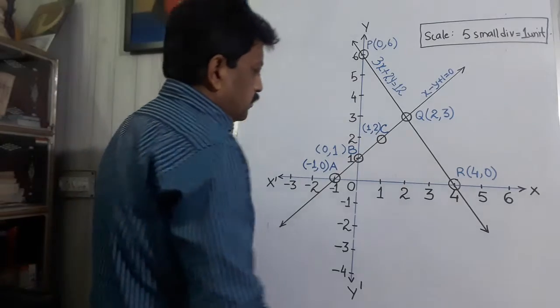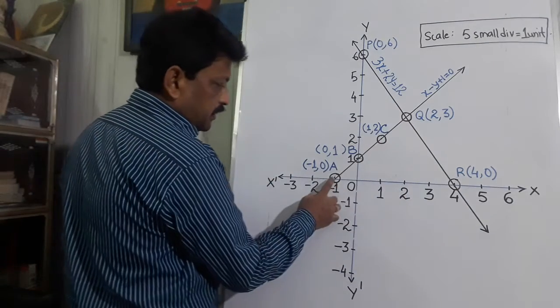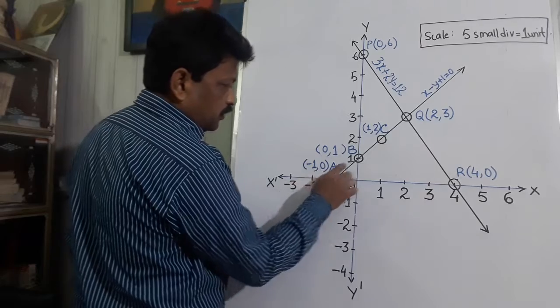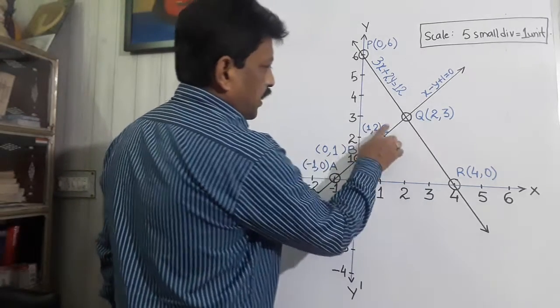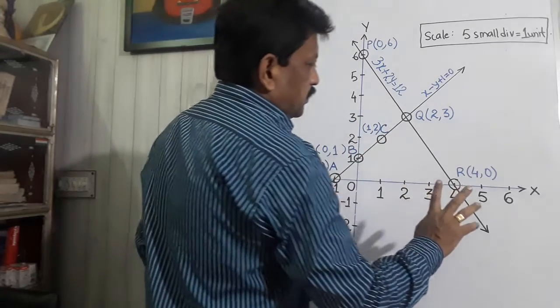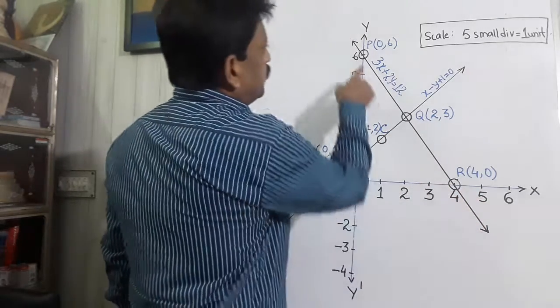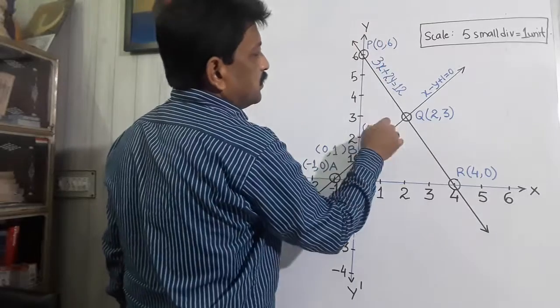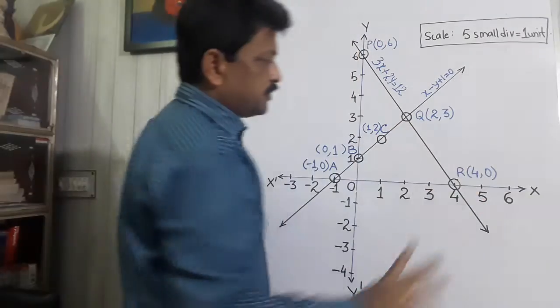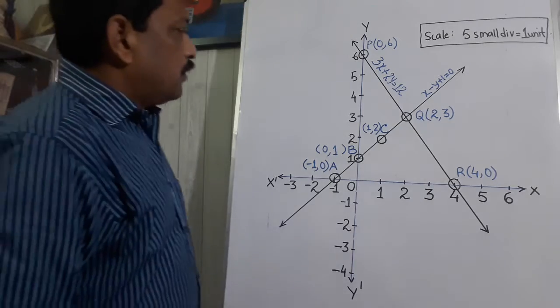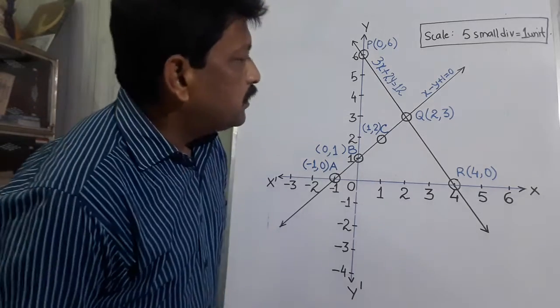The points of the first line are A (minus 1, 0), B (0, 1), and C (1, 2). The points of the second line are P (0, 6), Q (2, 3), and R (4, 0).